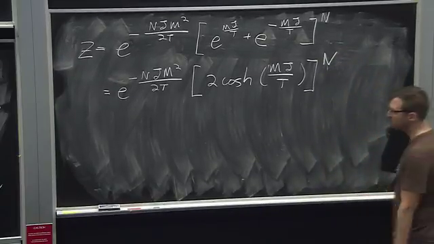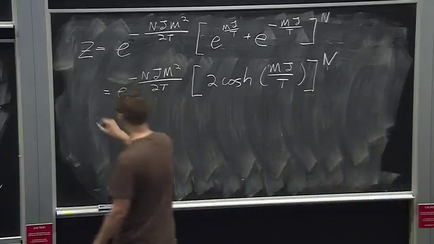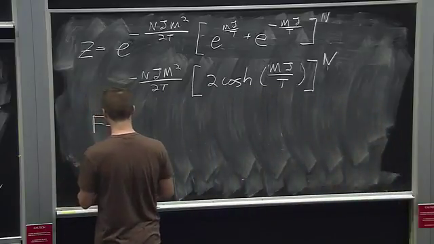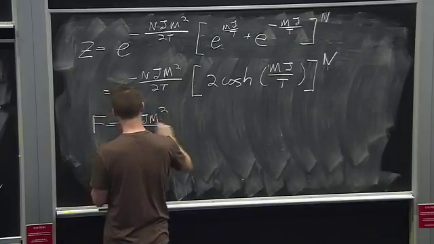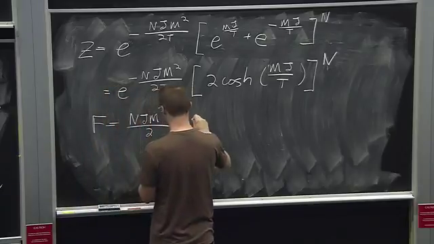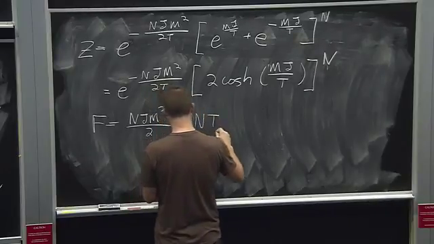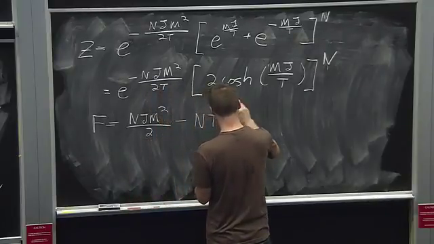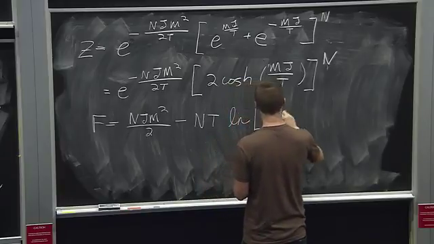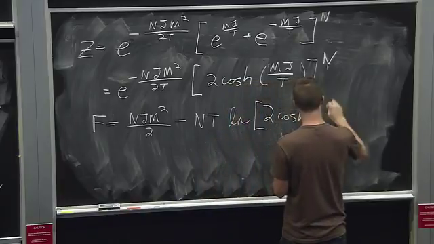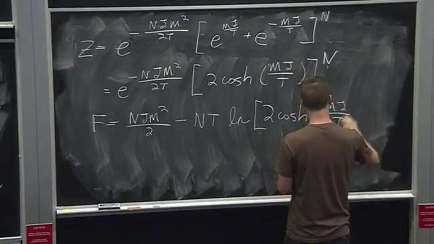So your free energy, the thing we want to calculate, has a constant term, minus something that depends on temperature, log, this thing, 2 cosh j over t.